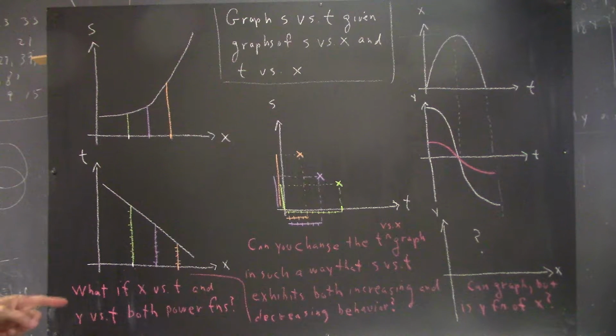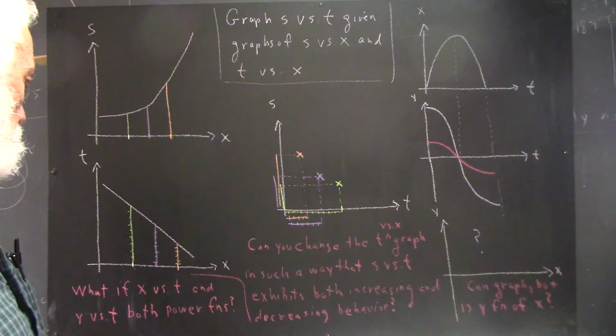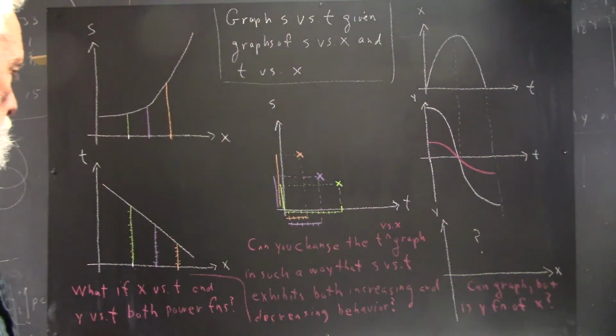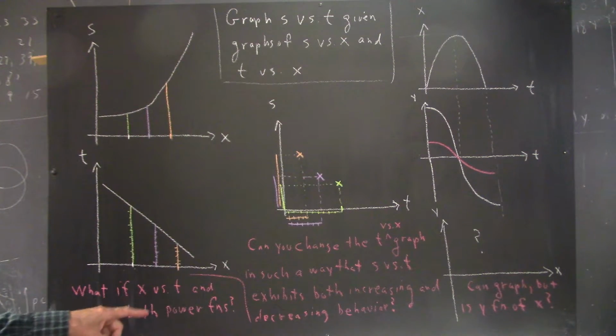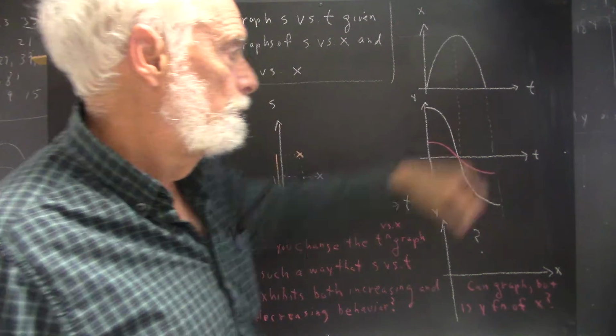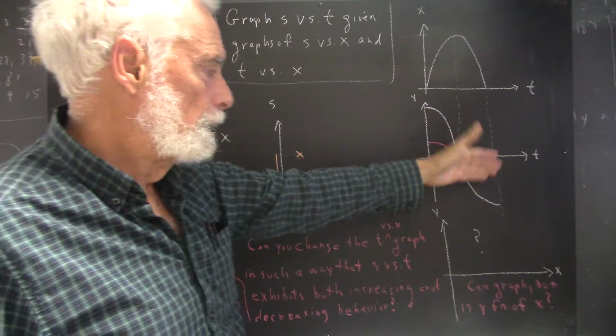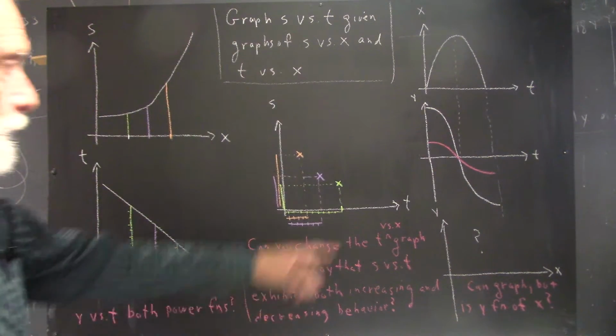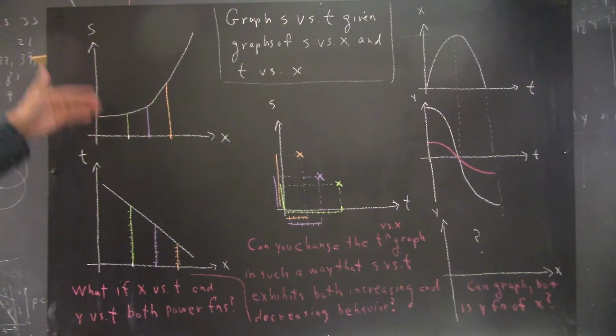But if you are familiar with power functions, what can you say about the graph of Y versus X over here if both X versus T, this function, and the Y versus T function, this function, are both power functions?